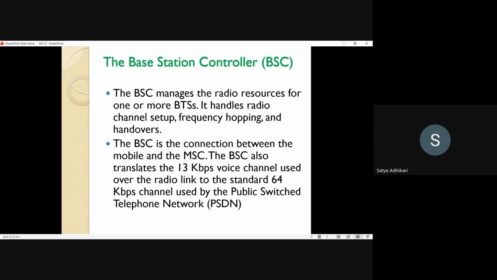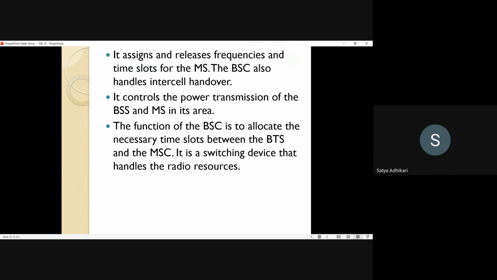The BSC also transfers the 13 kbps voice channel used over the radio link to the standard 64 kbps channel used by the public switched telephone network, PSTN. It assigns and releases the frequencies and time slots for the MS. So it releases the frequency or time slot for any mobile station.